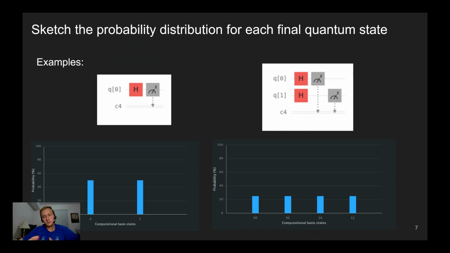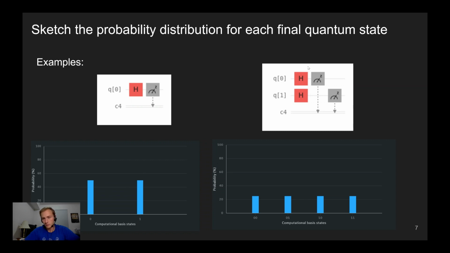So here are 2 examples. One, we're applying a Hadamard onto just the 0 state. Remember, these are all by default starting out as the state 0. So we apply the Hadamard to it, and then we measure, which means we're just putting it into a superposition state and then measuring it. So as we expect, we see a perfect 50-50 outcome.